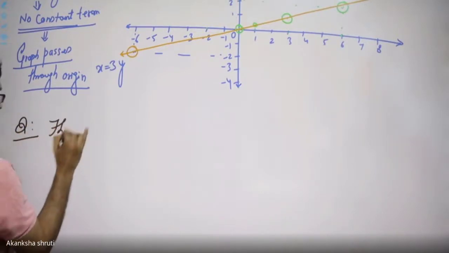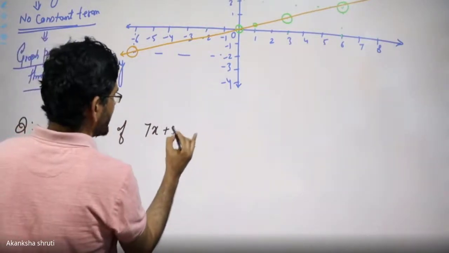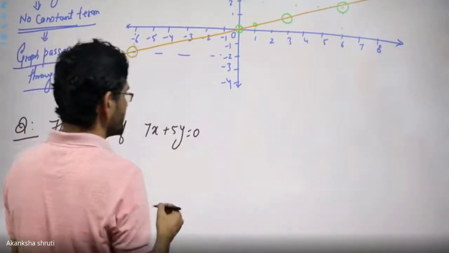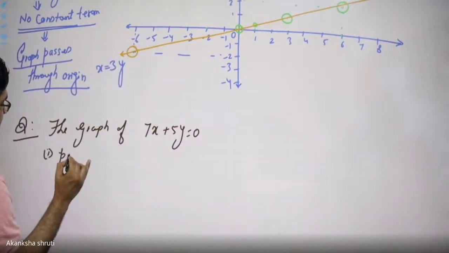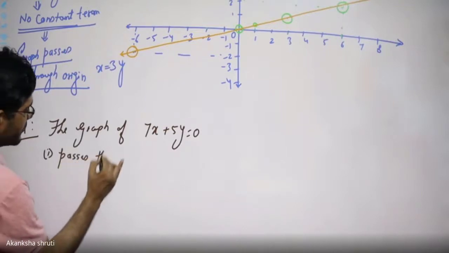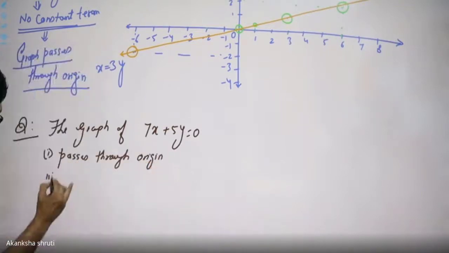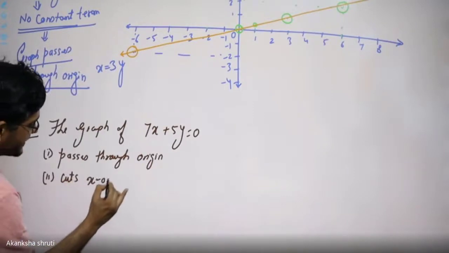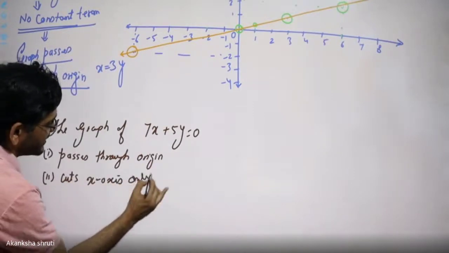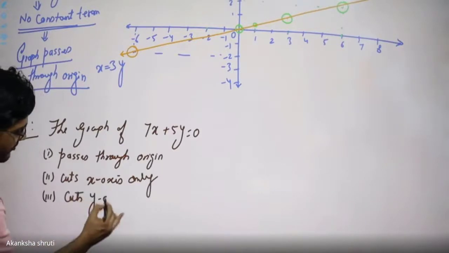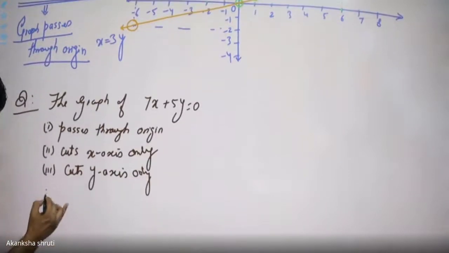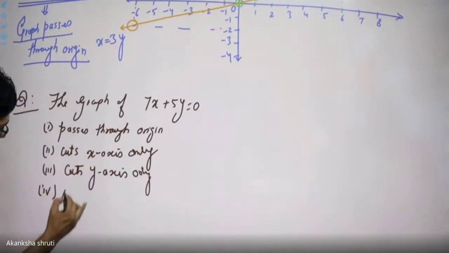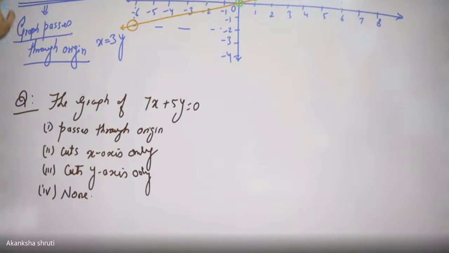The graph of 7x plus 5y equals 0: option A, passes through origin; B, cuts x-axis only; C, cuts y-axis only; and option 4 is none. Students, such kind of MCQ question is asked.